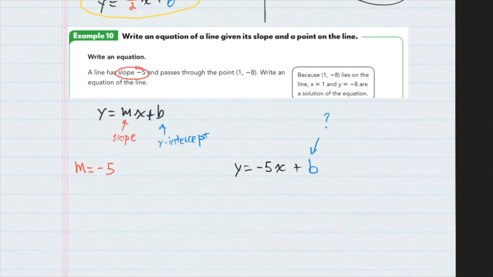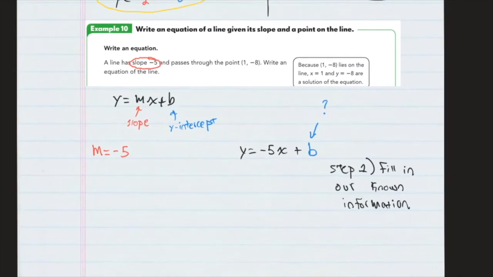So how we find it is we'll do step 1. Fill in our known information. So what do we know?